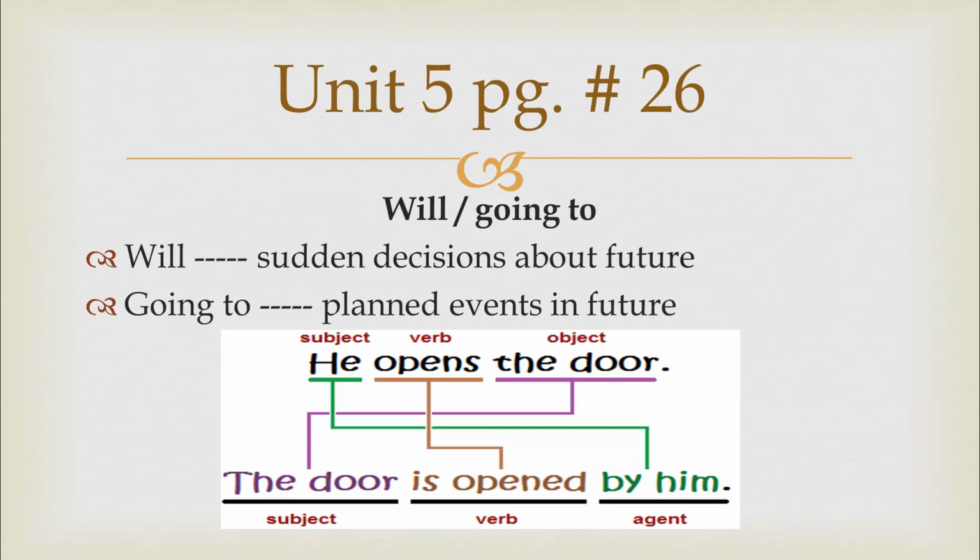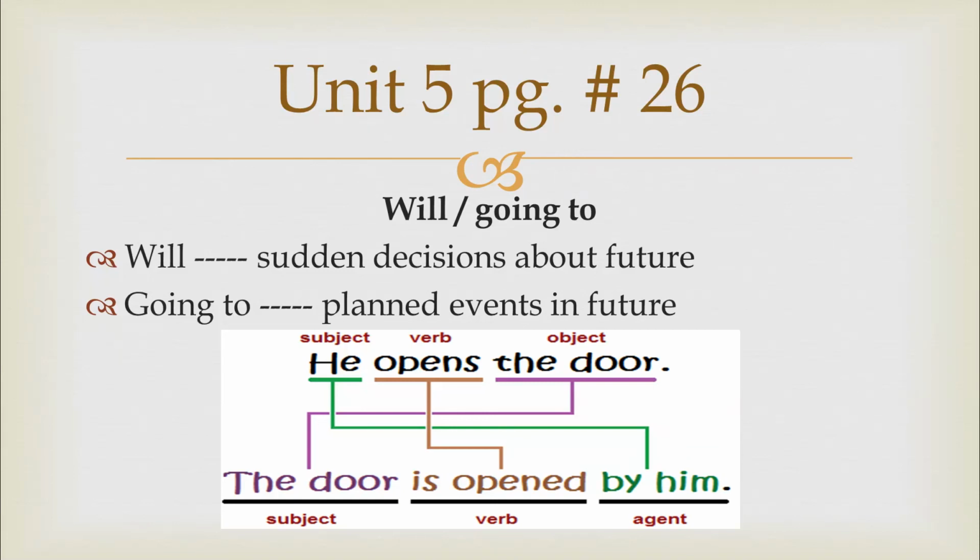Sentence number 1 is, first they fry the onions with the garlic. In active sentences, the subject is at the first position, they. In passive sentences, the subject is not important and we usually omit the subject. So, the object goes to the first position. First, the onions, that is the object.